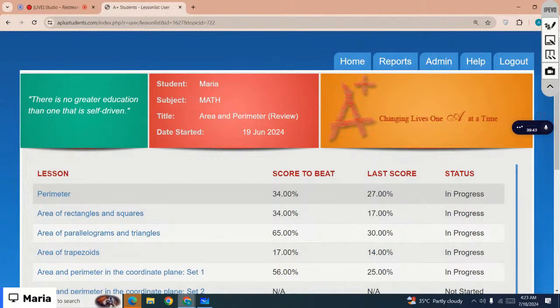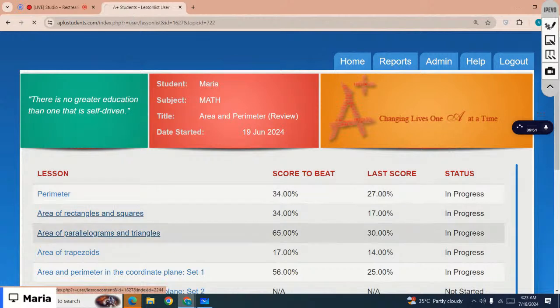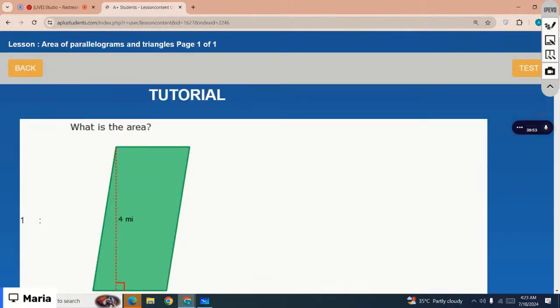The next lesson is area of parallelograms and triangles. Let's just start with the next lesson. Okay, what is the area?